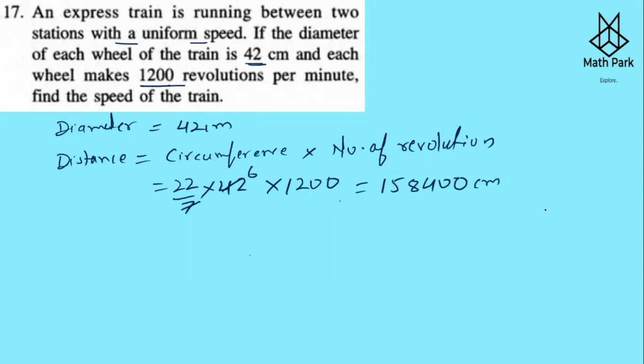And now let us convert this into kilometers. Converting into kilometers, you need to divide by a lakh. So 1, 2, 3, 4, 5 zeros, which becomes 1.584 kilometers. So this is how we got the distance.